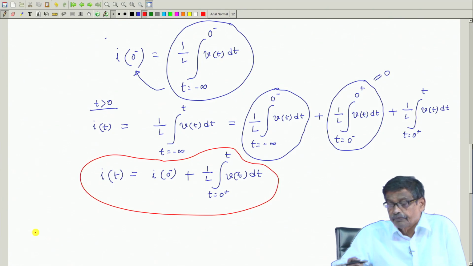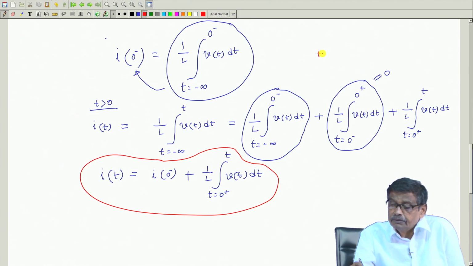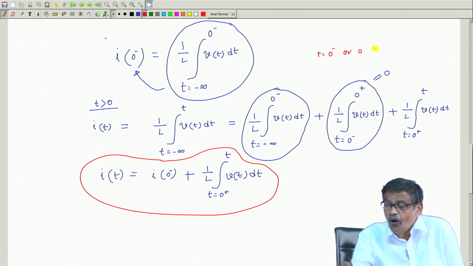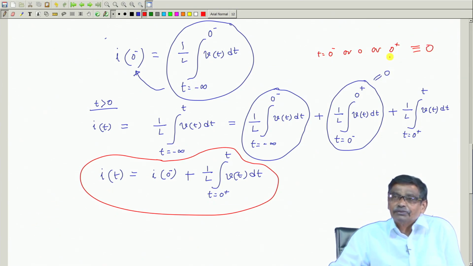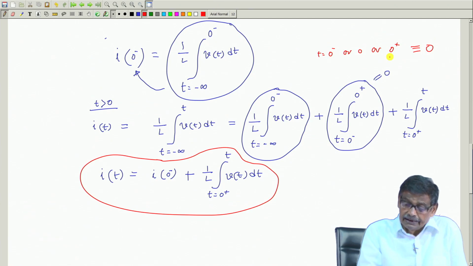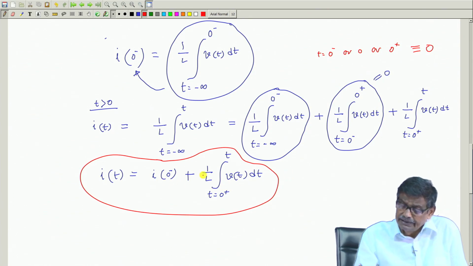Now, for us who are using this circuit, t equal to 0 minus, or 0, or 0 plus is as good as 0, is it not? What is the difference? We cannot make any difference, but your inductor will make the difference. So that is why people say this is the thing, and what is I 0 minus?